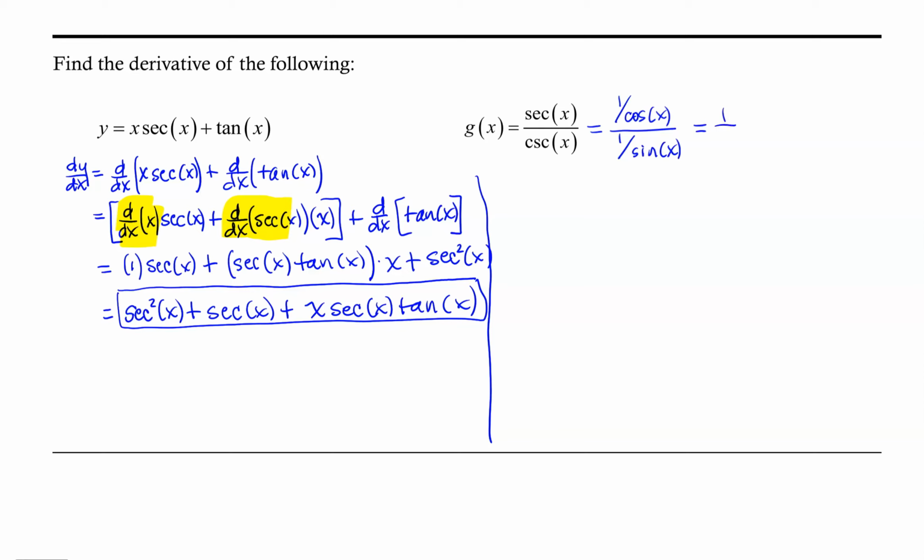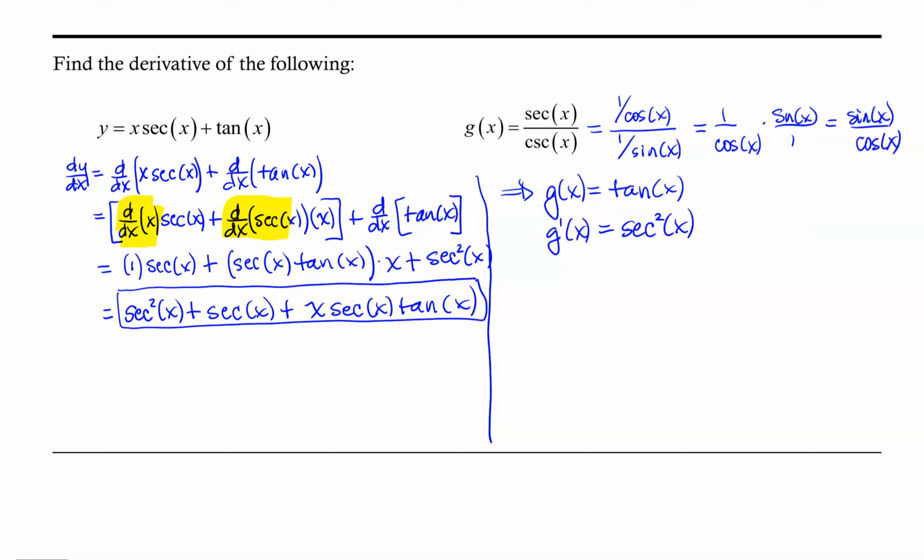Then multiplied the numerator by the reciprocal of the denominator, getting sine of x over cosine of x, at that point we might have noticed that g of x is really a camouflaged form of tangent of x. And if that's the case, then the derivative of tangent of x is simply secant squared of x. So in this particular case, we could have saved ourselves a lot of work.